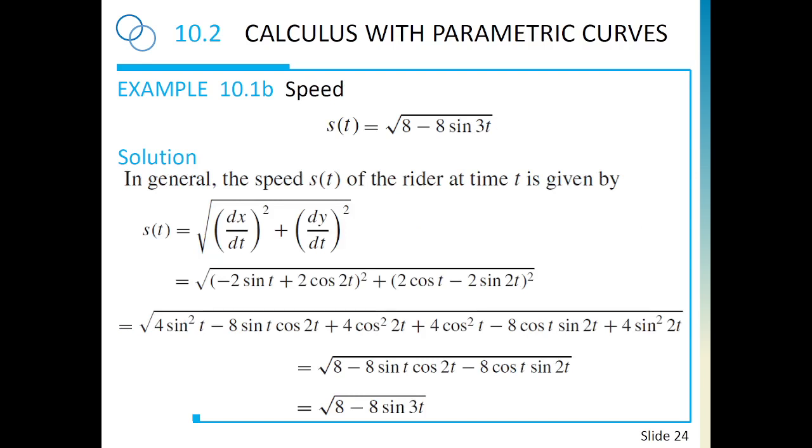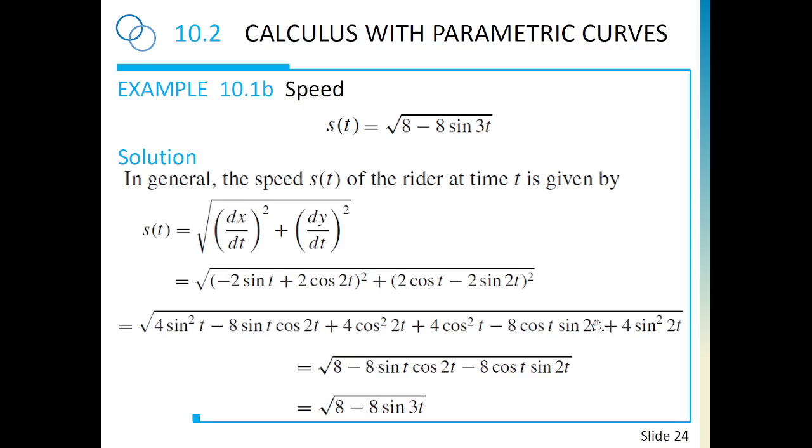Okay, so now the question was also to find all the values of time and also the locations where the speed is 0. So the formula for the speed is here, so we need to make sure that this expression is equal to 0. What are the values of time? So that's a little bit more complicated because we have these trigonometric expressions here.